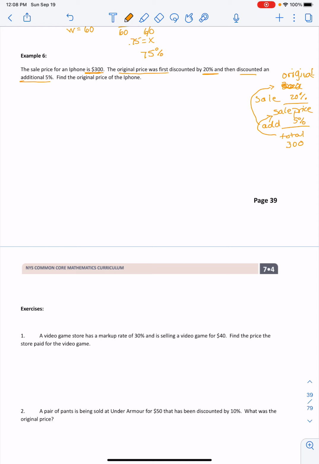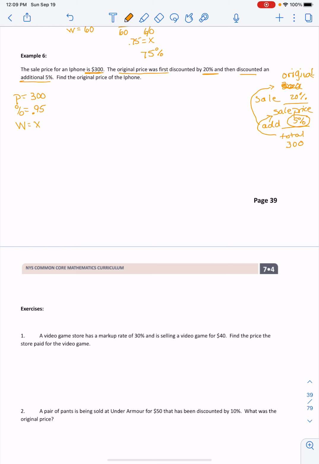So now we have P, percent, and W. So I have our part is 300 because that is our sale price. But the first thing I'm going to do is this 5%. We're going to take care of that first. So 100 minus the 5% is 0.95.